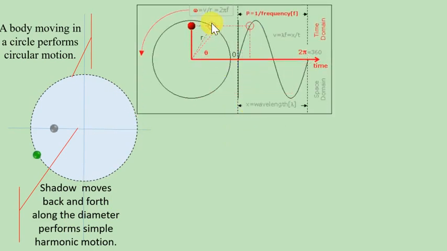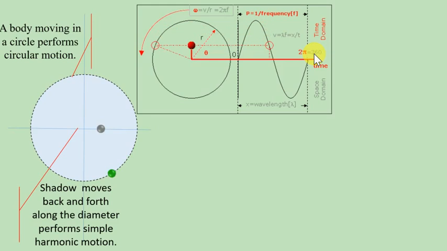As we already observed, this circular motion around the circle corresponds exactly with the to and fro movement along the diameter of the circle, showing that the period for the particle to move from one point back to the same point along the circle is also the same time it takes the particle to move to and fro and back to the starting point. While the displacement, as you can see here, is a sine curve.